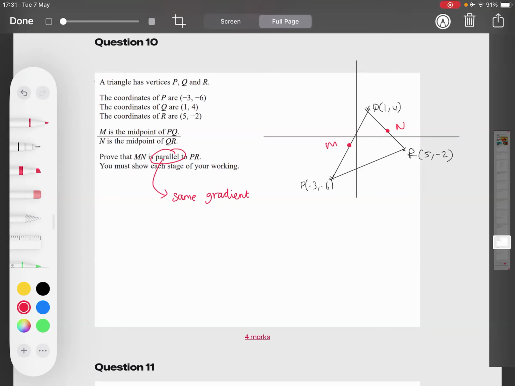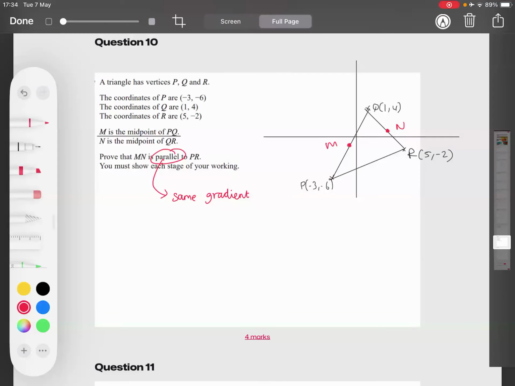You first find the equation of MN. There's a quicker way. We just have to work out the gradient of MN, and then we work out the gradient of PR, and then prove that they are the same.